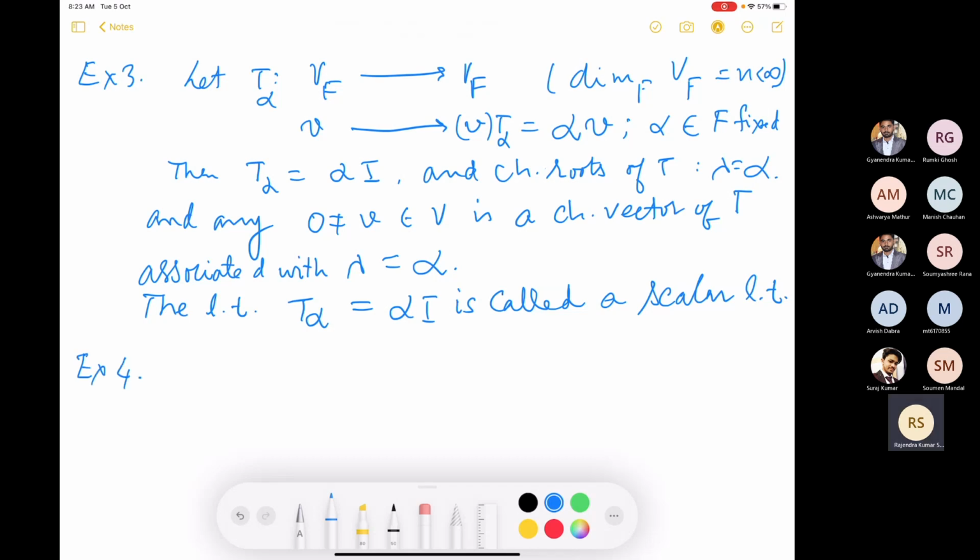Now the next example, let us take example 4. Let V be a vector space of dimension 2 over the field F. You can again take, for example, let us say V to be R2 over R, so it will be specific.